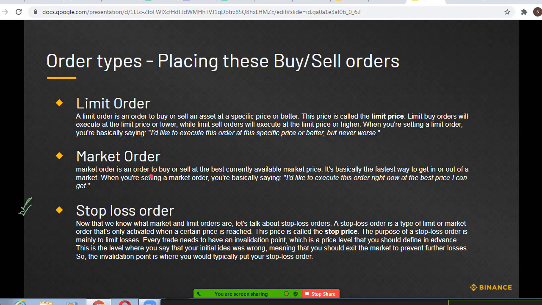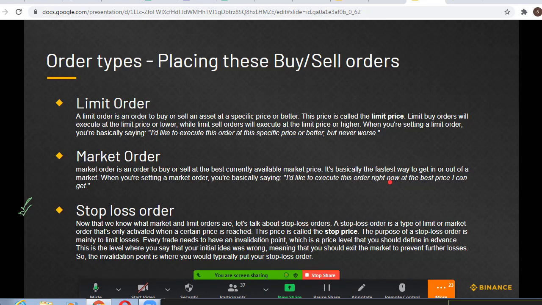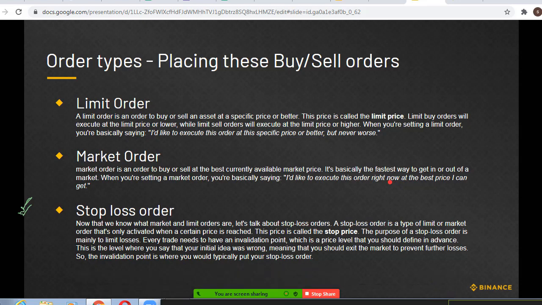You are telling the exchange, give me the price the market is at, and it will just go through. Basically, it is the fastest way to get in and out of the market. When you are setting a market order, you are basically saying, I want to execute now. Place my order now. And when you place that order, it gets executed instantly.